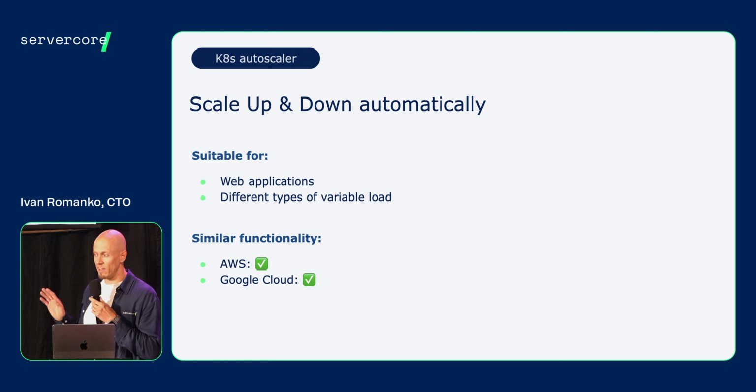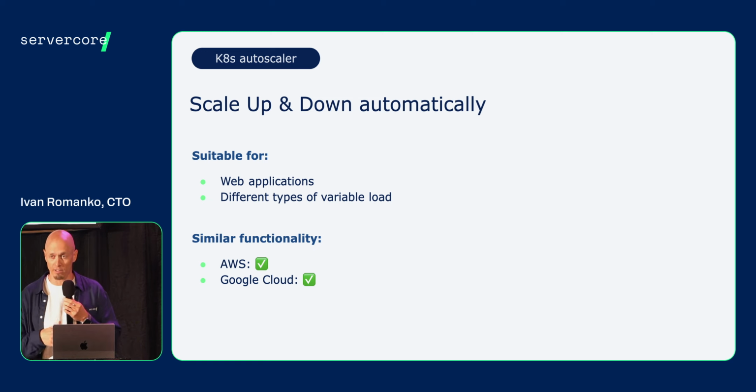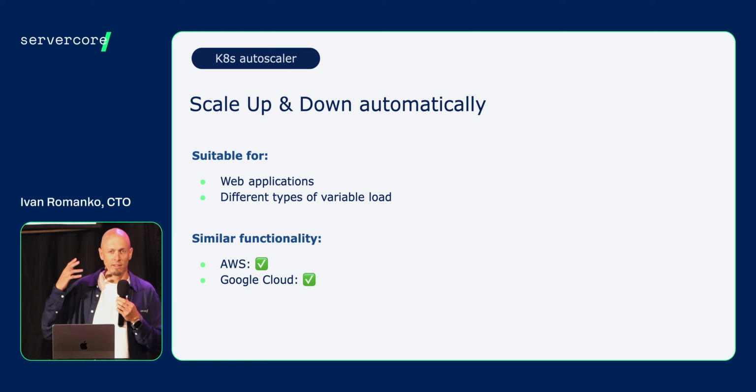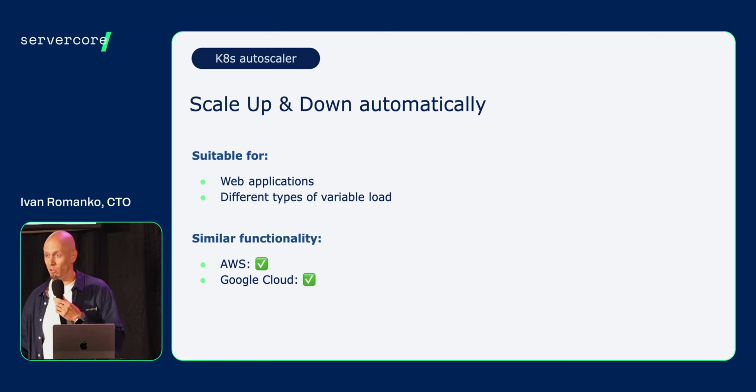I know we have customers, but I cannot give you a more precise example, that are using Kubernetes with autoscaler for batch processing. So they have some jobs arriving to their S3 containers. Their Kubernetes cluster gets notified that there is some job to be done, and that it should be done in like an hour or so.